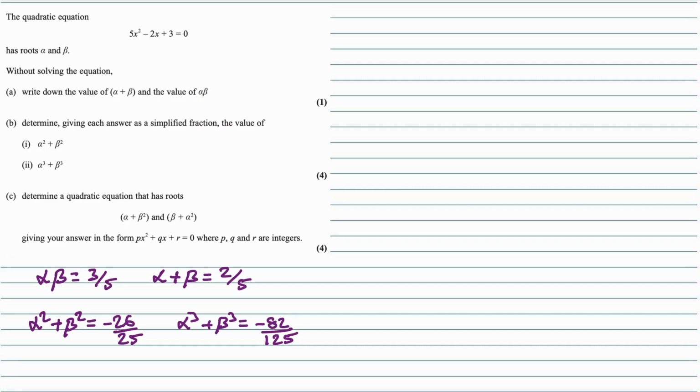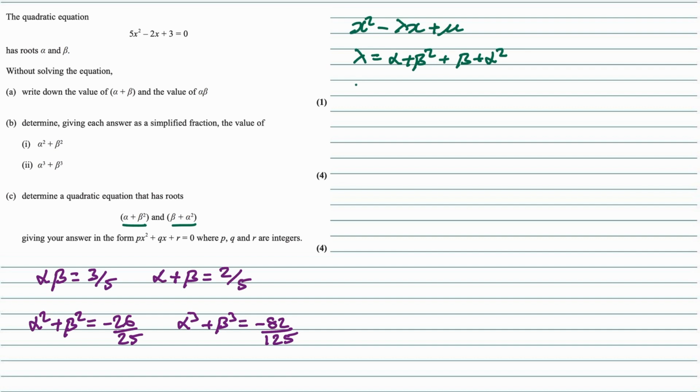Okay, so welcome back if you had a go. So if we have a general quadratic, let's say x squared minus lambda x plus mu, we know this lambda will be the sum of the roots, and the roots are alpha plus beta squared and beta plus alpha squared. So we'll have alpha plus beta squared plus beta plus alpha squared.